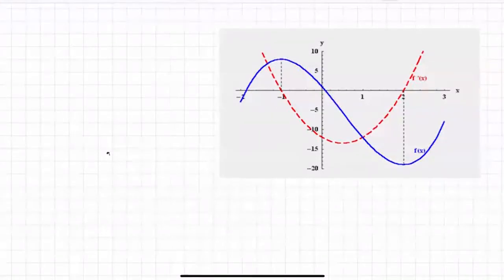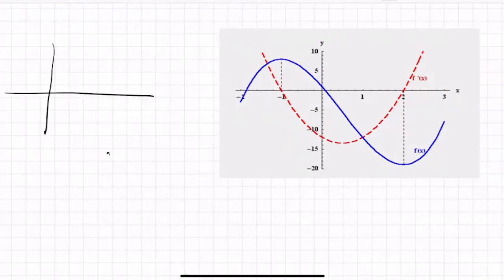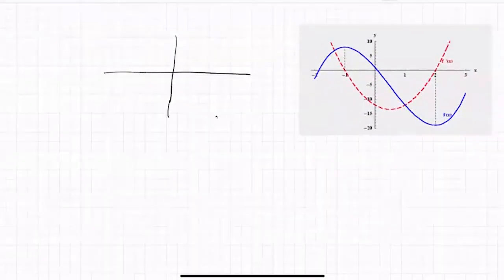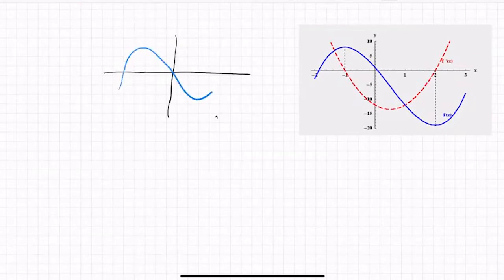Just to give you a feel for that, if I draw a cubic equation as such, well, let me do that in a different color. Okay, can I draw the derivative? Well, this is your first point.